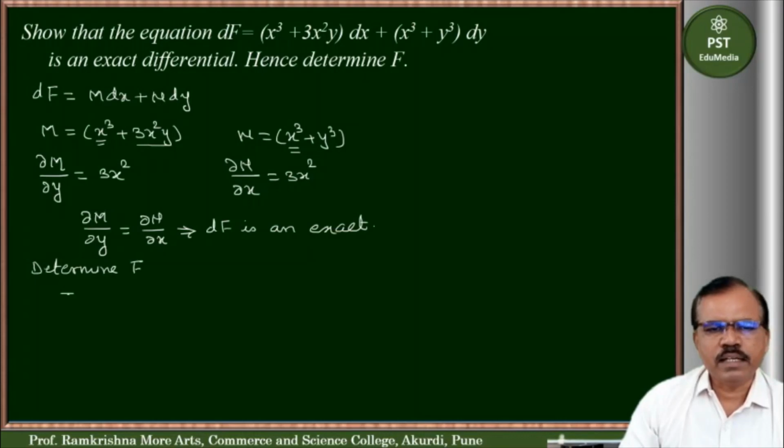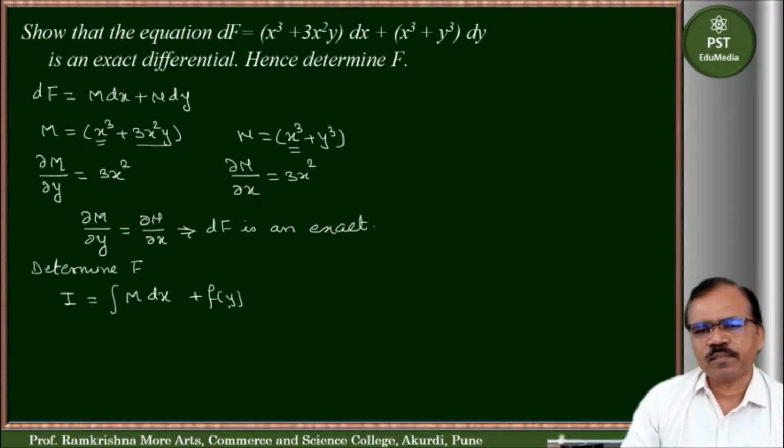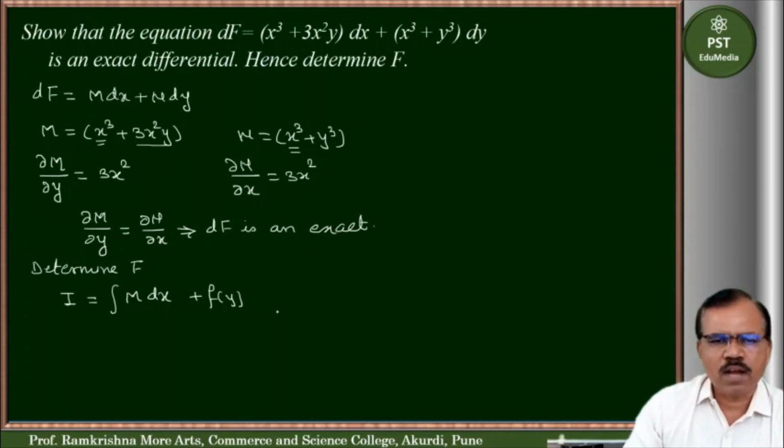So we will take integral I. That integral I is the integration of m dx plus we will add some constant function for x, that is f of y, that may depend on y. And here I will find the integration of x cube plus 3x square y dx plus f of y.